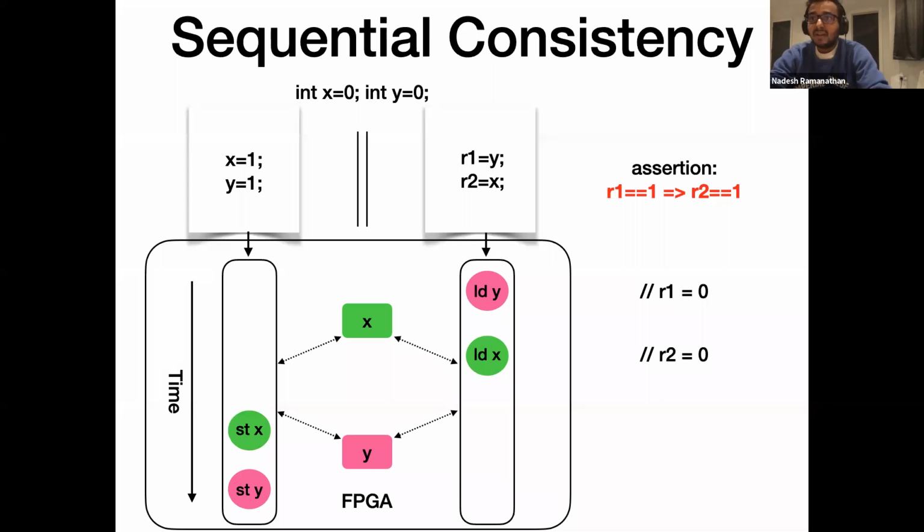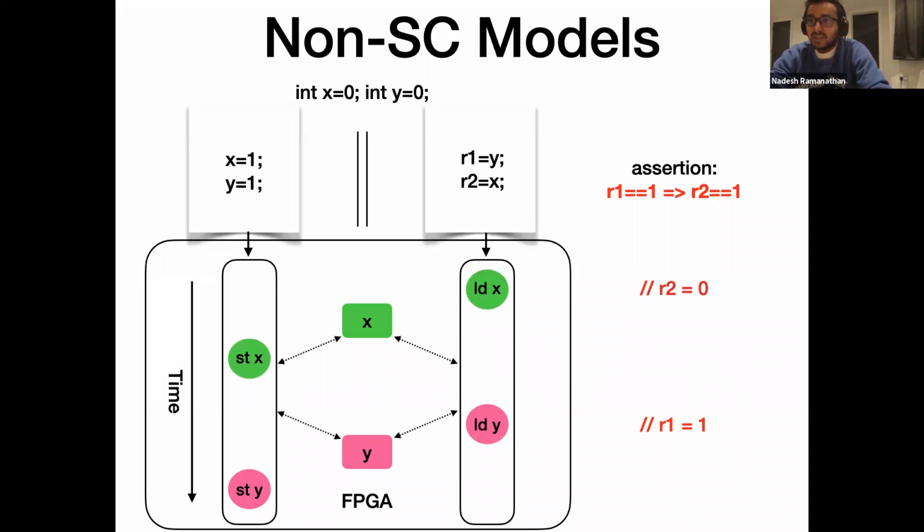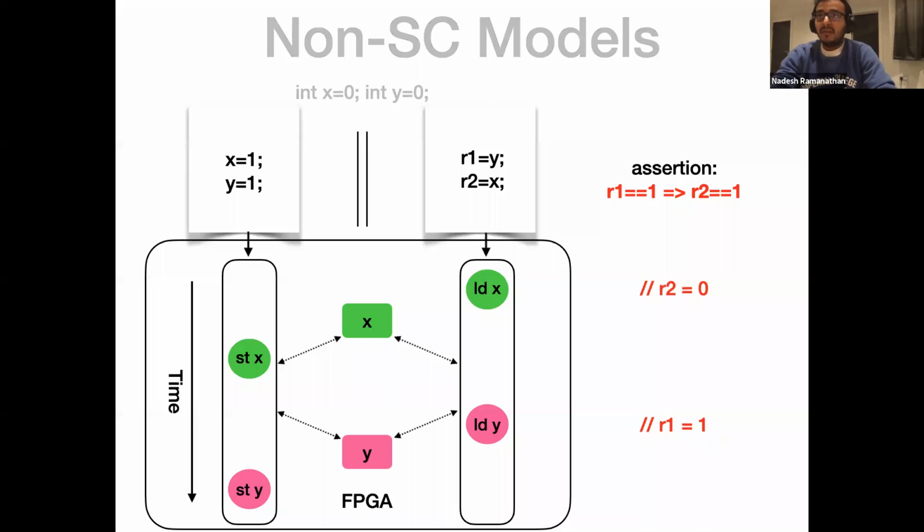In the FPGA context, you can have reordering of memory operations. This program doesn't say anything about how the load of X or load of Y should be ordered, so we can easily end up in a situation where we break the assertion. So what does HLS guarantee?